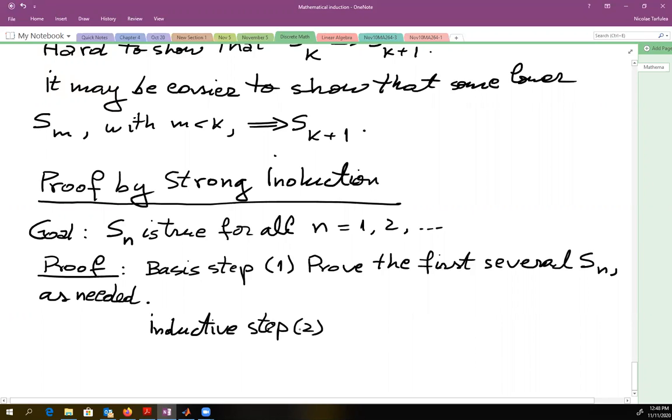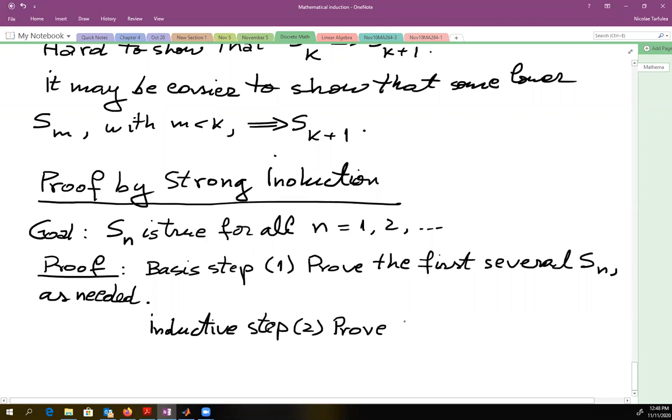In this step, we need to prove that if S1, S2, up to Sk are true, then Sk plus 1 is true.